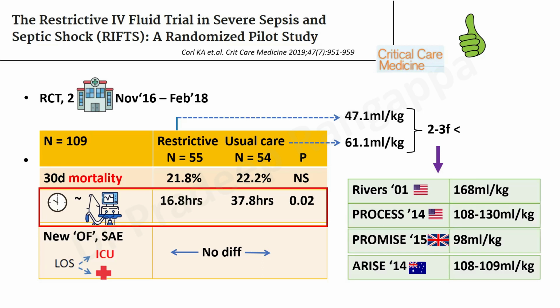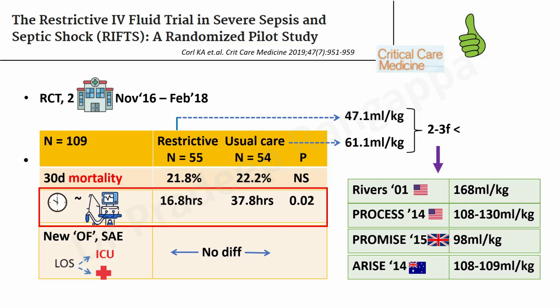So basically what this tells you is, before, in the PROCESS trial which came in 2014 and the PROMISE trial, 98 was considered restrictive, PROCESS 100 to 130 was considered restrictive, ARISE 100 to 109. But in these newer studies, which came after 2018, 47.1 ml per kg is considered restrictive. So we are going more and more restrictive, and it is shown that this does not make a difference. So being a little conservative is good enough.